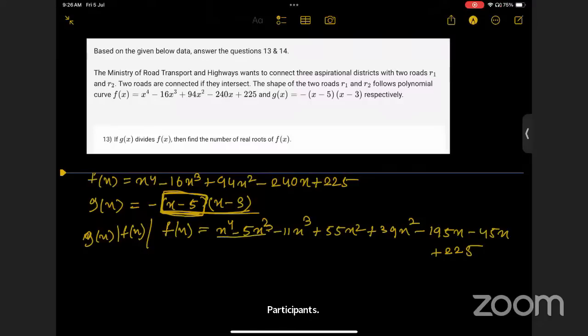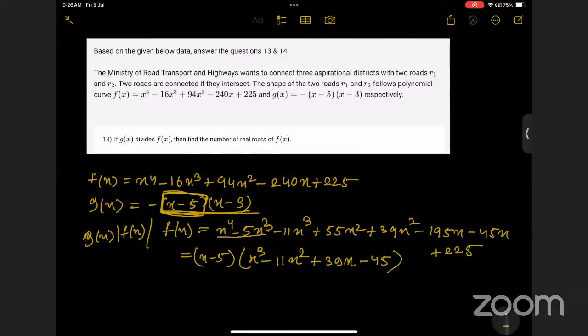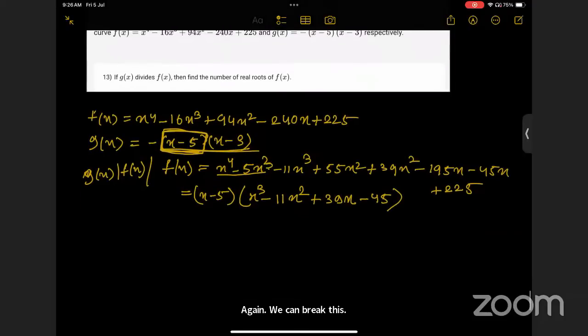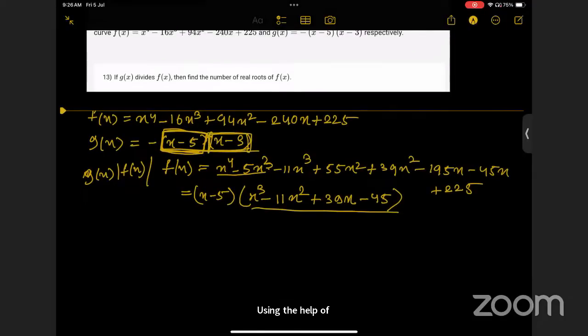Now from this we can take this, and this will be this. Again, we can break this using the help of this.